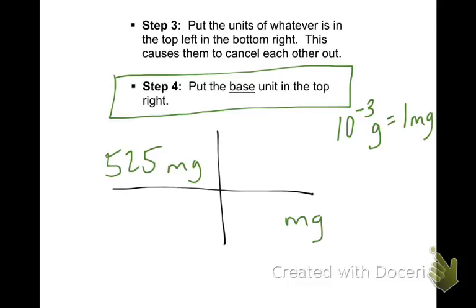Since we're going to be using this conversion factor, we're going to use our base unit and place that on the top. So now we can cross off milligrams and we can continue on with our conversion.